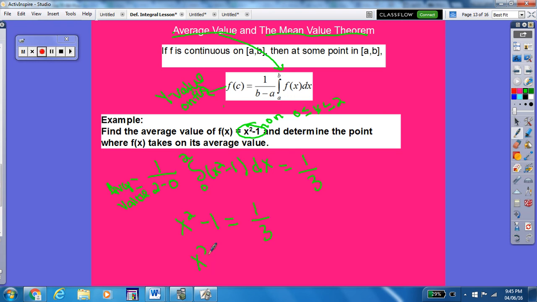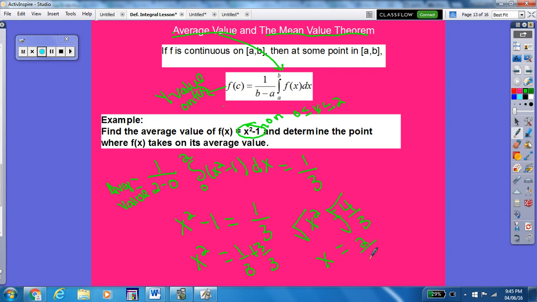So x squared will equal 1/3 plus 1, or plus 3 over 3. So we get that x squared equals 4/3. And we take the square root of both sides. We get a plus or minus, but again, we are only going to take care of the stuff in the interval, so x is just going to be positive.